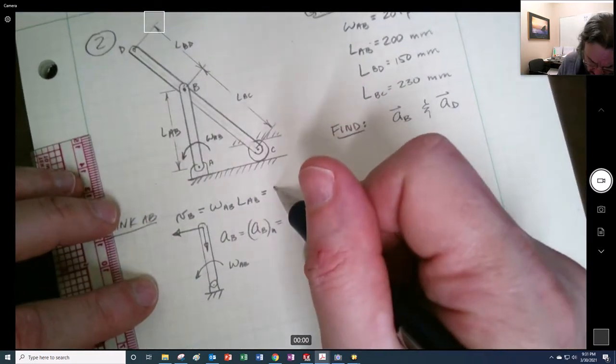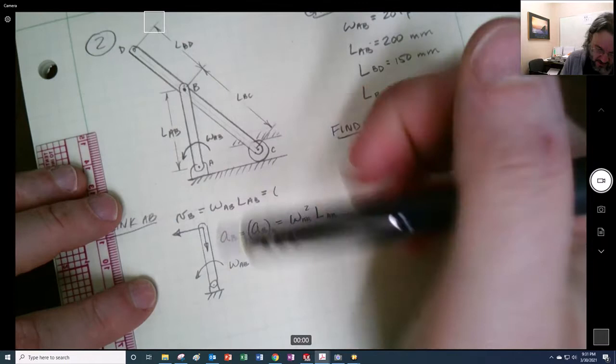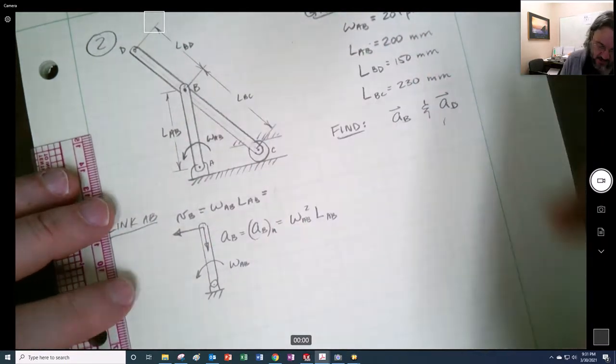We need to turn RPM into radians per second.